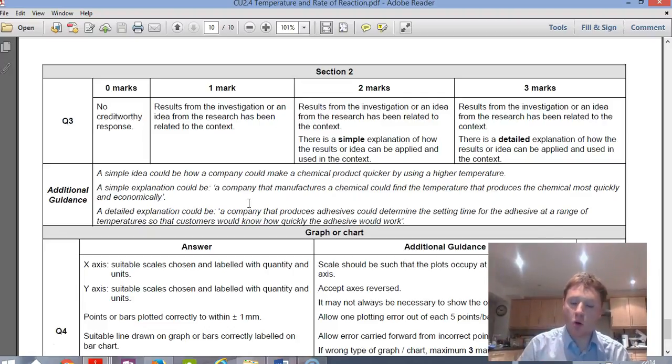And then you'd say what the company would do with this experiment. So a detailed one: a company that produces adhesives could determine the setting time for the adhesive at a range of temperatures so customers would know how quickly it would work. So there's the context bit, for the customers knowing how quickly it would work. How would the company use it? They do an experiment at different temperatures. And who would use it? A company that makes adhesives.